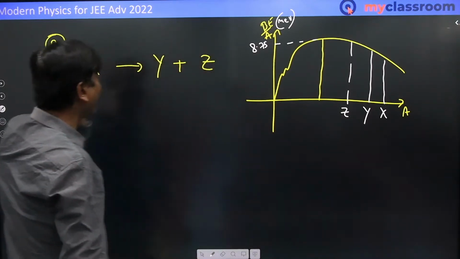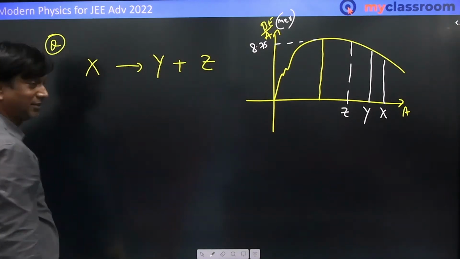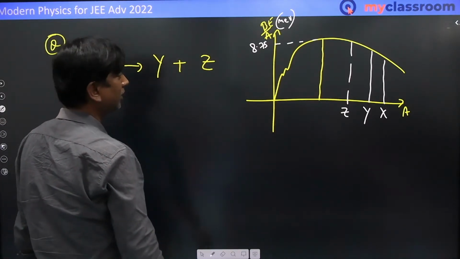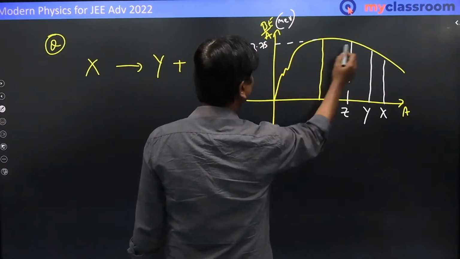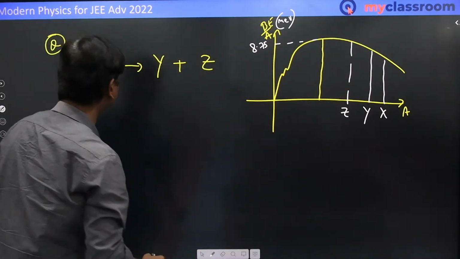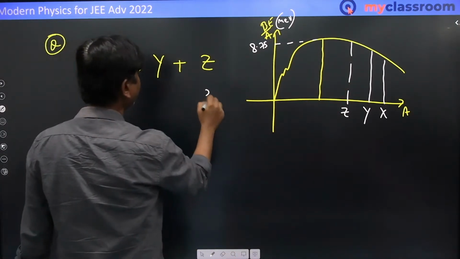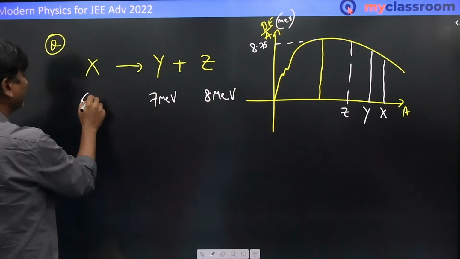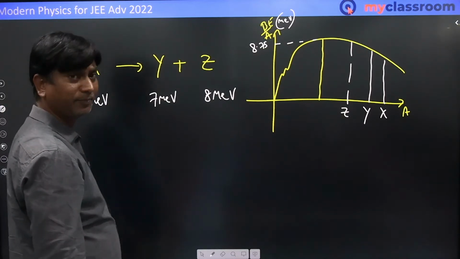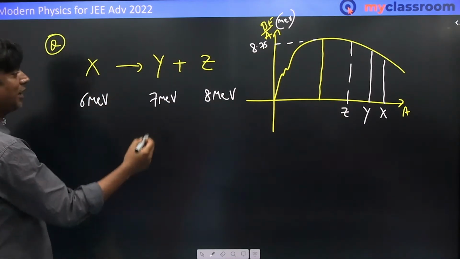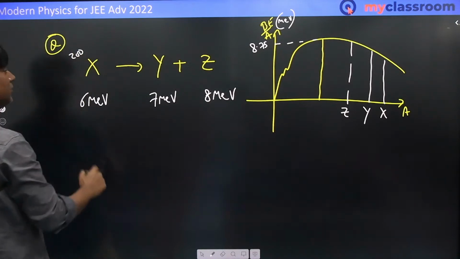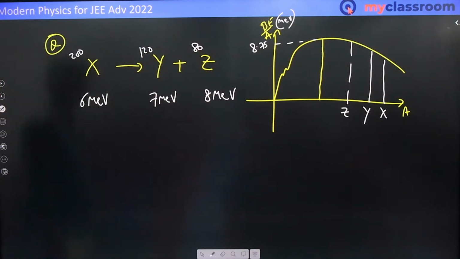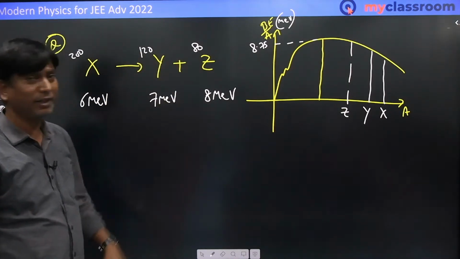So the binding energy per nucleon of Y and Z are greater than X. Let us say Z takes 8 million electron volts, Y takes 7, and X takes 6. And let us say the mass numbers are 200 for X, splitting into 120 and 80.